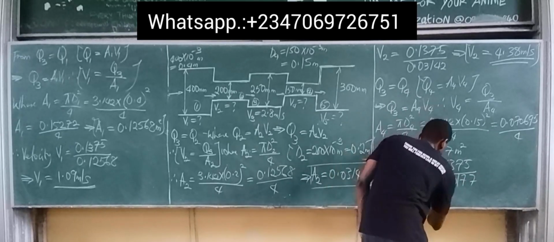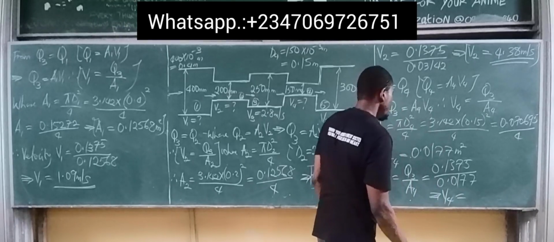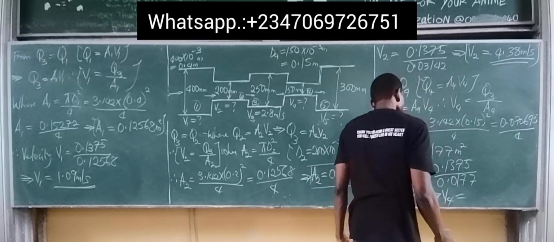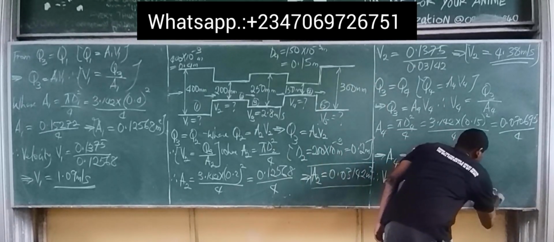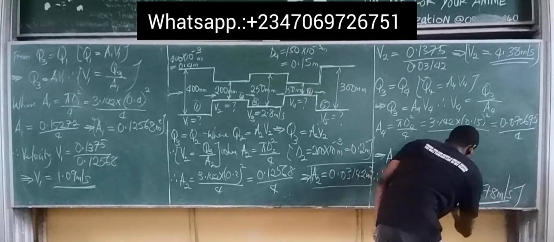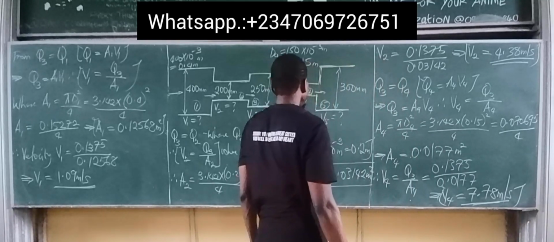This implies that the speed of flow in pipe 4 is simply equal to 0.1375 divided by 0.0177. And that gives us 7.78 meters per second. So this becomes the answer for the velocity in pipe 4.